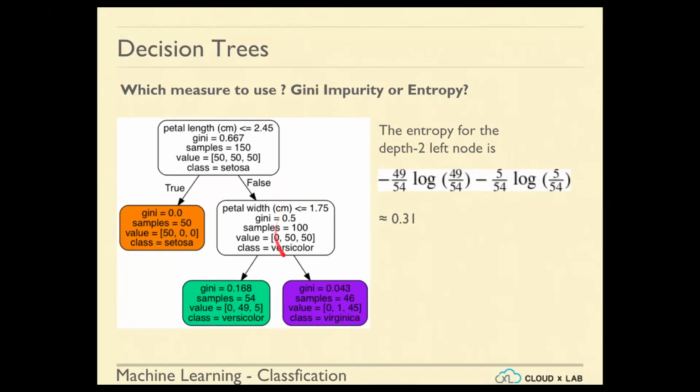Let's look at this node in particular. p_ik is 49 by 54, times the log of the same thing, and then the second one is 5 by 54 times the log of the same thing. So this is the entropy at level 2.